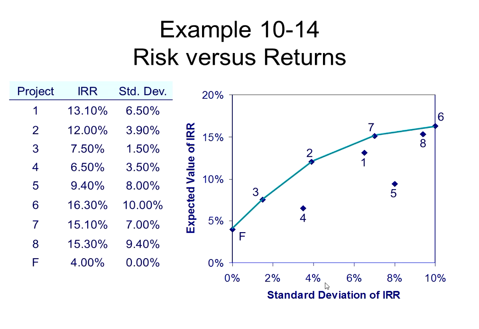And this is the risk measure. So what we want is to be somewhere up above here, and so the F alternatives, the 3, 2, 7, and 6 are better ones than the ones that are below here.